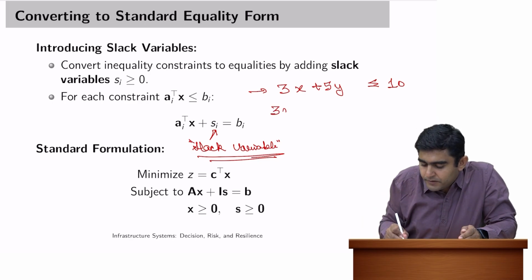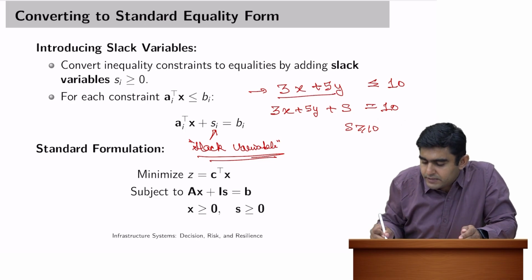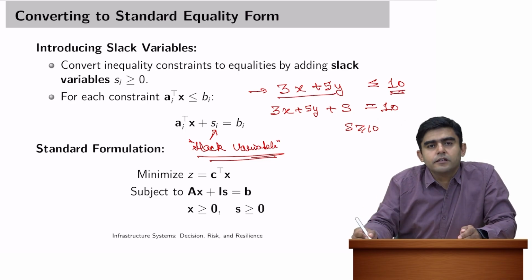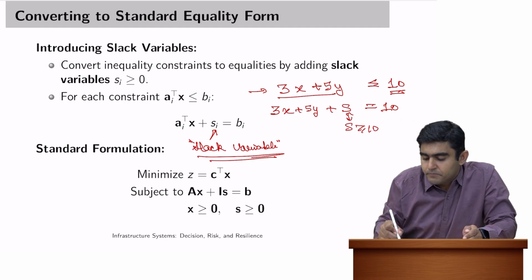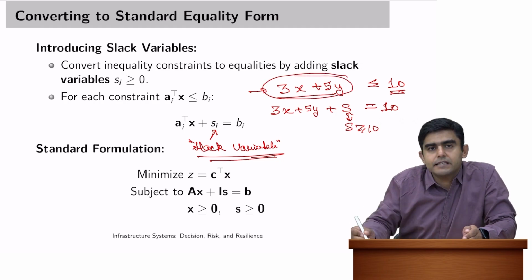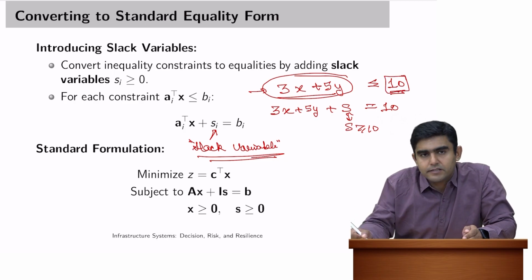But for that, I would need some other variable which is guaranteed to be positive, s ≥ 0, because LHS is less than RHS. To make it equal, I need to add some other positive number so that the LHS increases in magnitude and matches the value of RHS, which is 10 in this case.